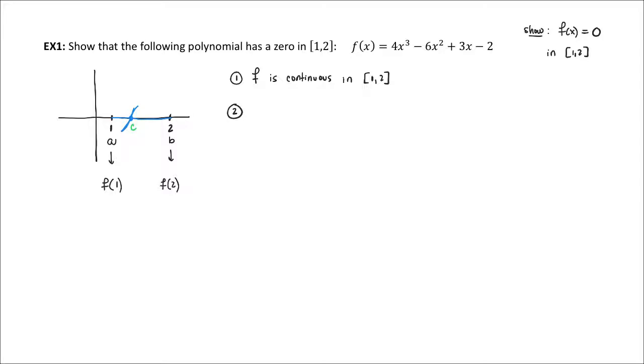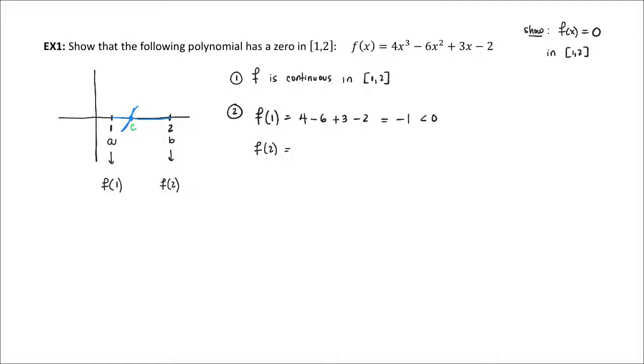So let's calculate f of 1. F of 1 is going to be equal to 4 minus 6 plus 3 minus 2. That is going to give us negative 1. And look at that, negative 1 is less than 0. Now let's do f of 2.